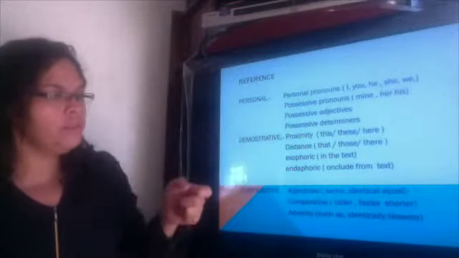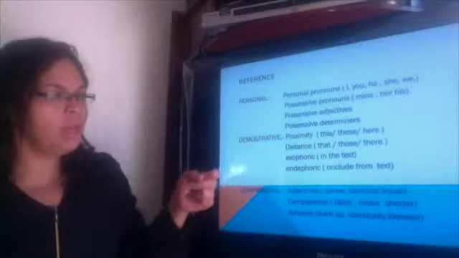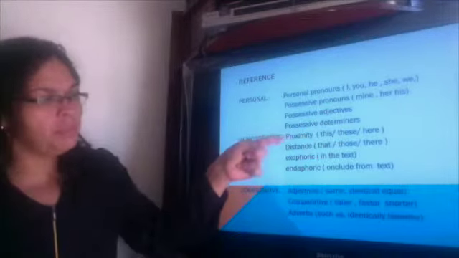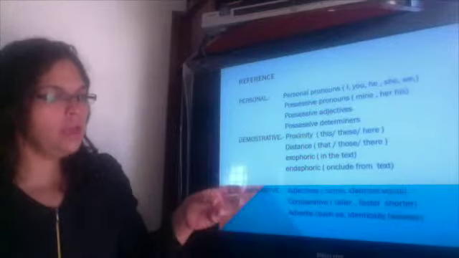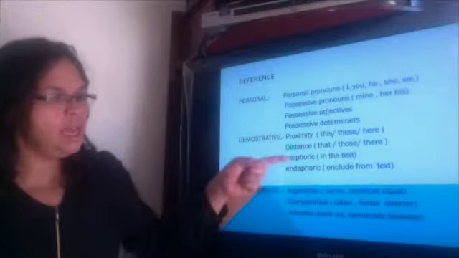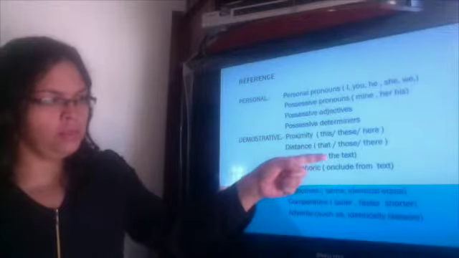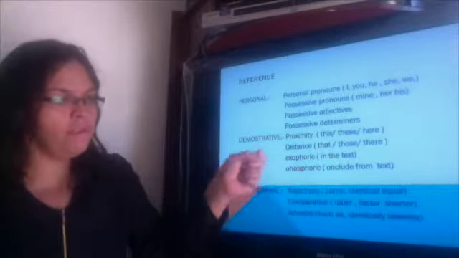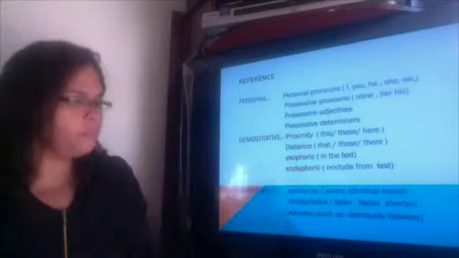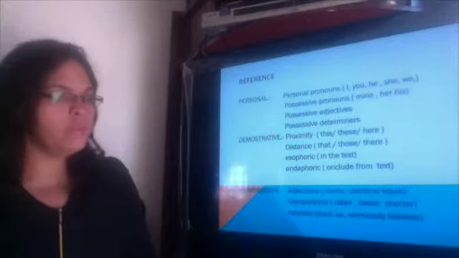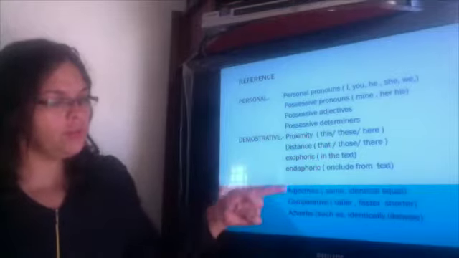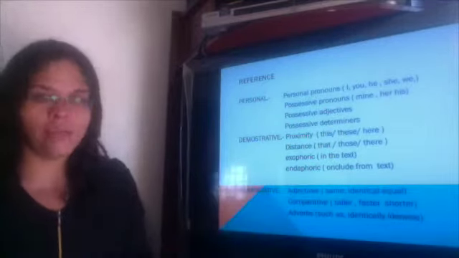In demonstrative, we have a division here: proximity and distance. And we have another subdivision: exophoric, when it is outside the text, or endophoric, when it is in the text. And in comparative reference, we should be able to identify adjectives, comparatives, and adverbs.